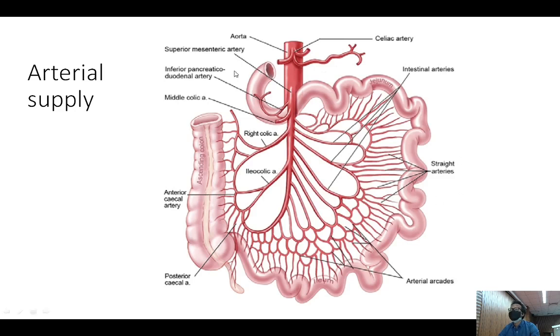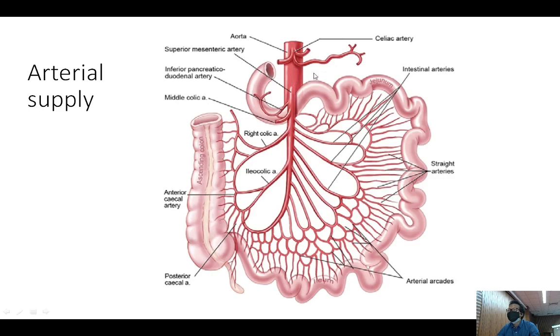Now this is the arterial supply of the jejunum and ileum, and I won't say the duodenum, it's mainly the jejunum and the ileum. Here it is also very simple. It looks complicated but is very simple. You can see here, this is the abdominal aorta, the big one.